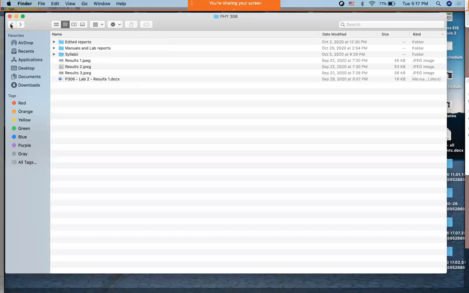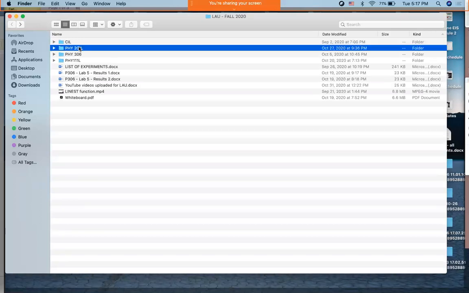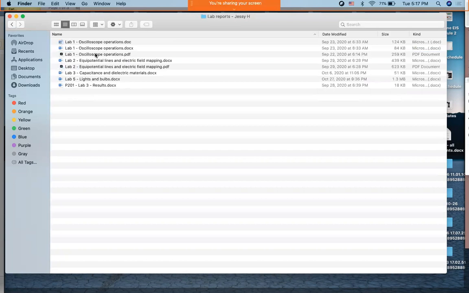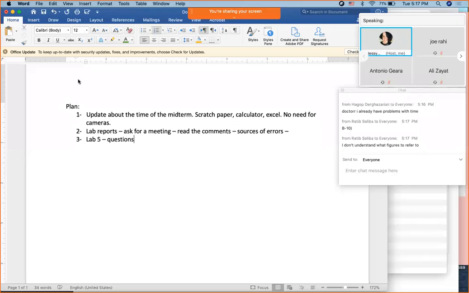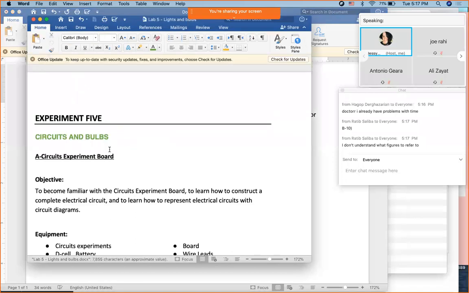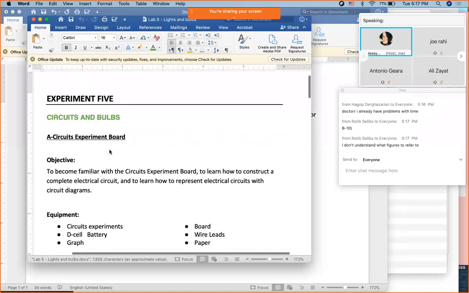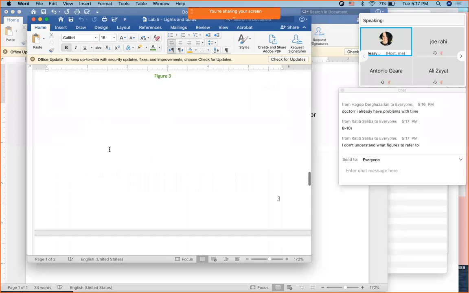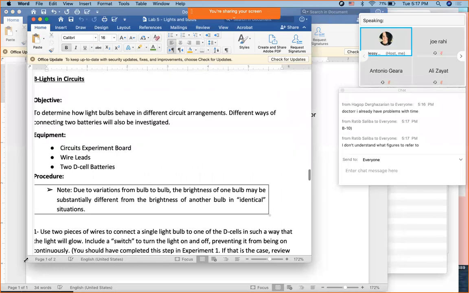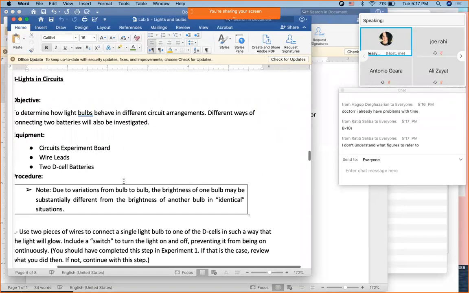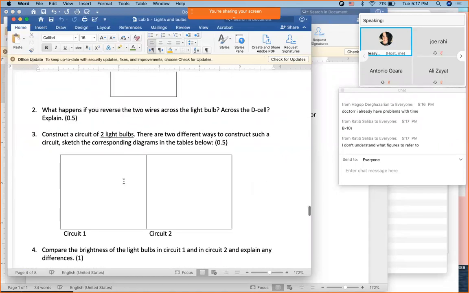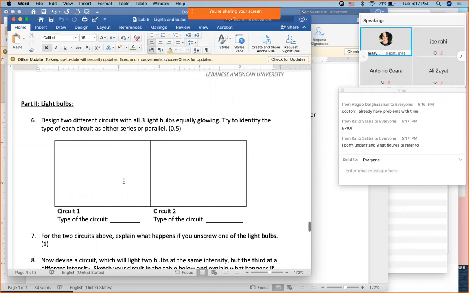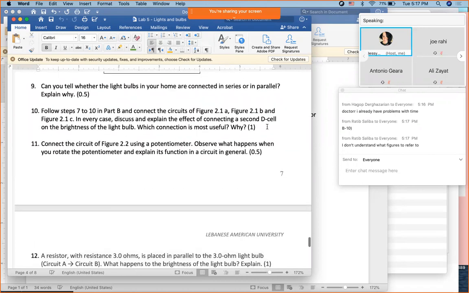I'm not organized in this folder. All right, circuits and ball B10. There's a question I was supposed to remove and I did not. I think this question has to be canceled. The question is about dry cells. Let me check. Yeah, please skip this question.